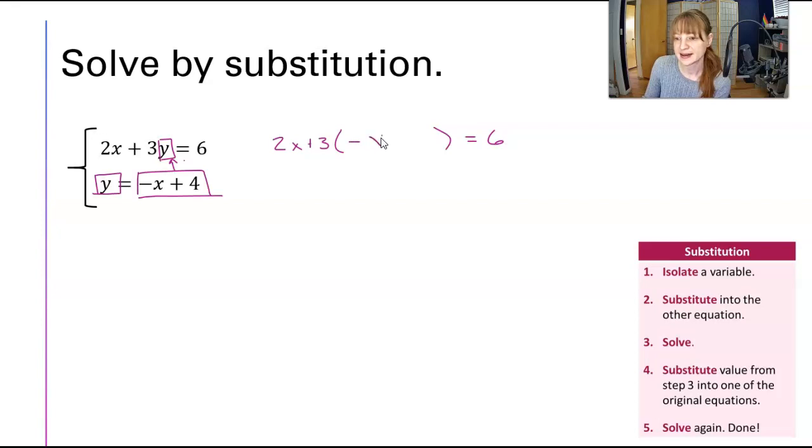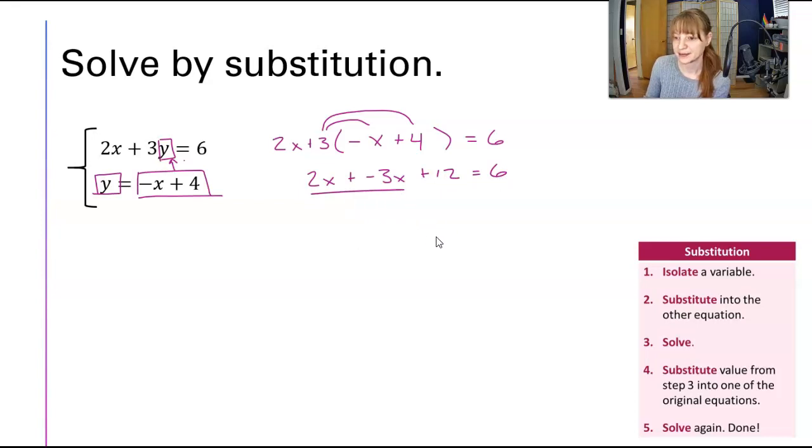I take the stuff from the box and put it between the parentheses. Now all we need to do is solve. We're used to this, right? We're going to distribute. We get 2x plus negative 3x. So 3 times negative x is negative 3x. And then 3 times 4 is 12, equals 6.